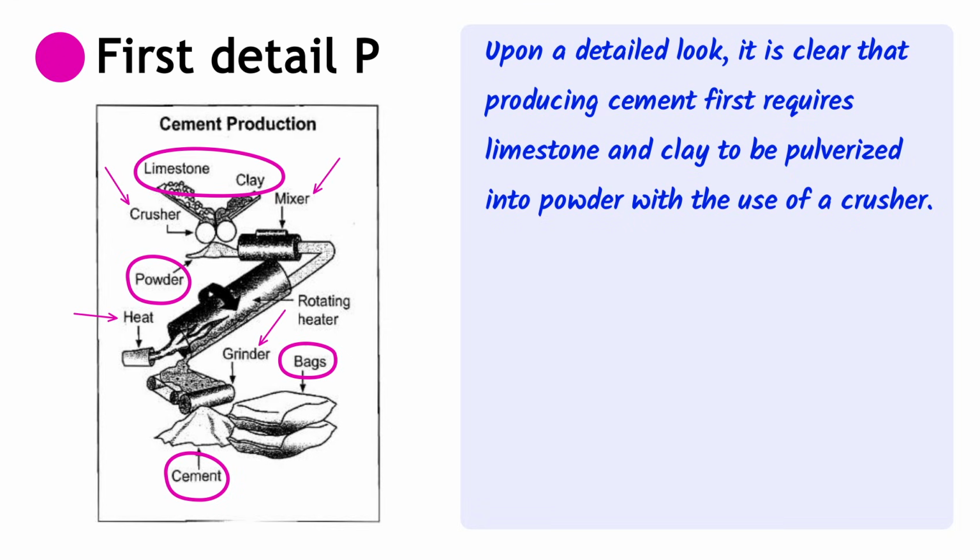Now, once it is turned into powder, I should write about the next stage. These substances then pass through a heated rotating cylinder, followed by a grinder. Then is a useful word here because I'm talking about the next stage.